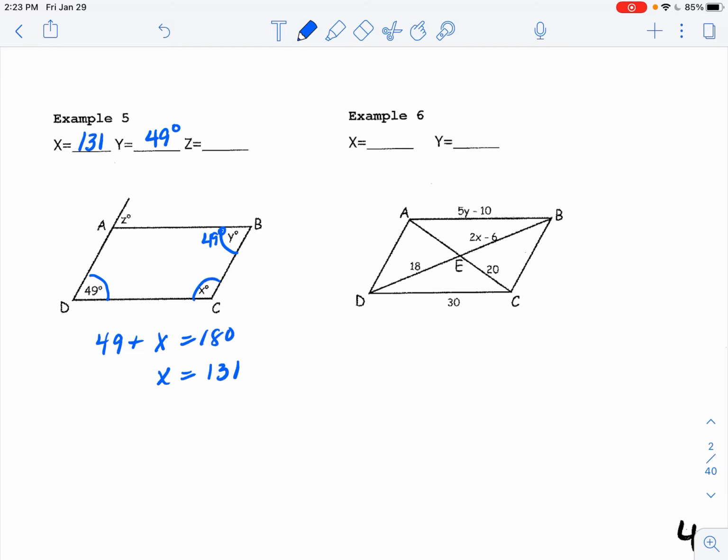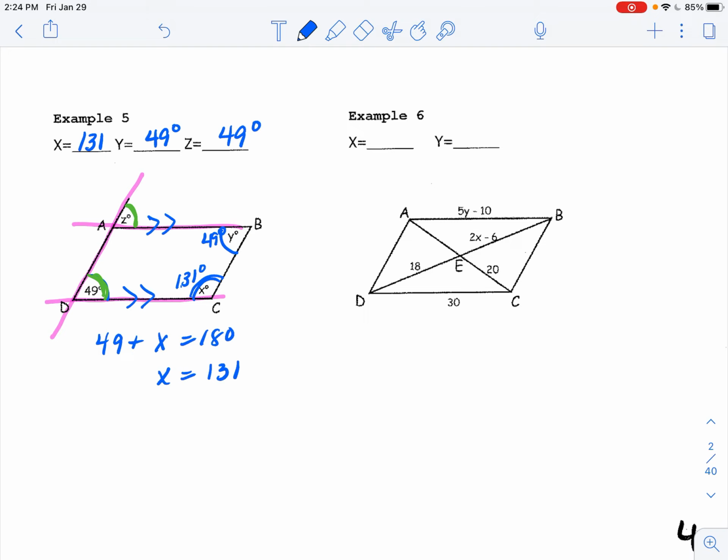So I know that this angle here is 131. That is the supplement of 49. Now, since these are parallelograms, we know back from our lines unit that parallel lines cut by a transversal, corresponding angles are congruent. So Z is going to correspond with 49, and so we know that Z is also 49.